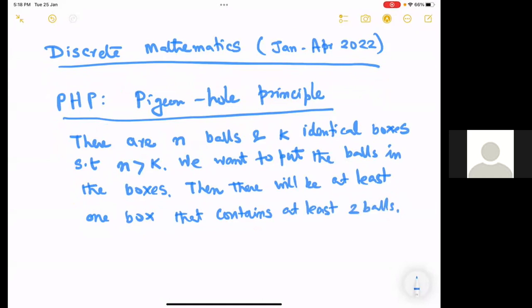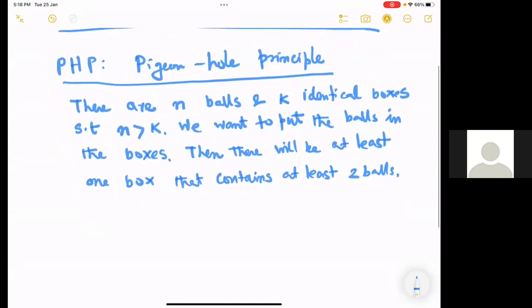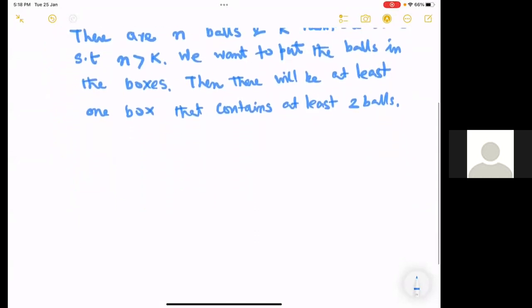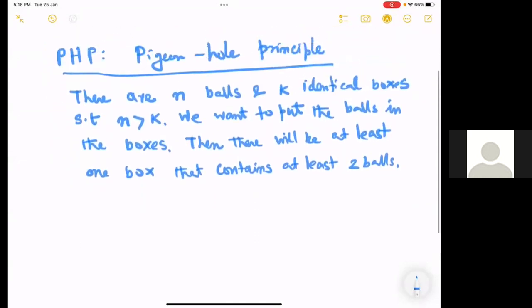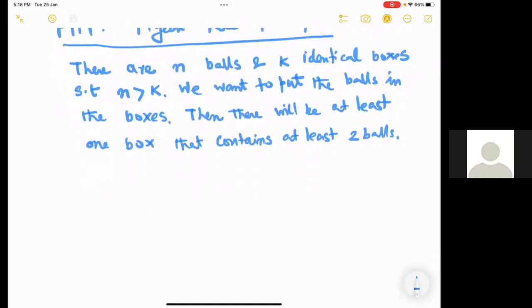This is an obvious statement that we all encounter sometime. Okay, so this is a popular name called pigeonhole principle. So it's best if we discuss a few examples to illustrate these ideas.